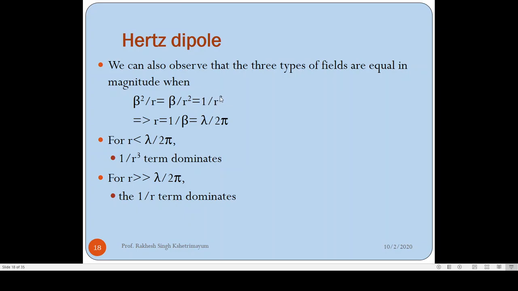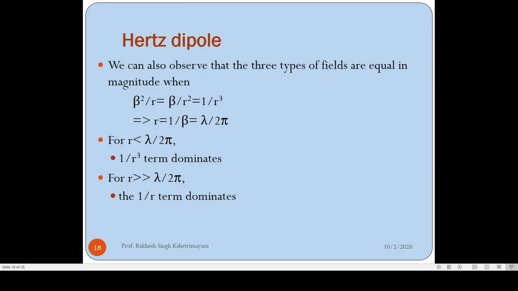When you equate these three fields varying as 1 by r, 1 by r square and 1 by r cube, you will find that r is 1 by beta, which is basically lambda by 2 pi. So at a distance of r equal to lambda by 2 pi, you will have all the fields equal.